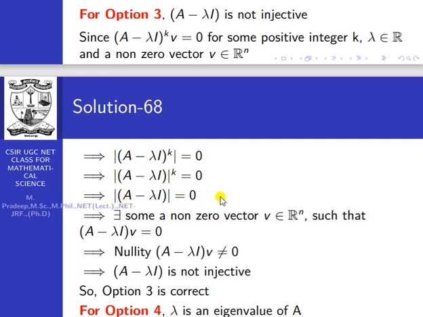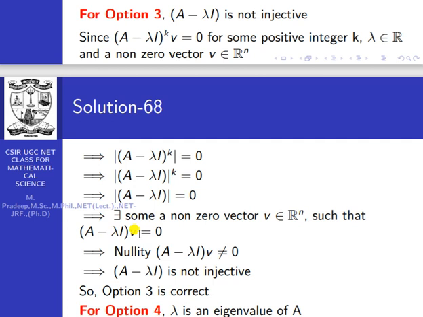From this, what is the conclusion? There exists some non-zero vector v. Once again, the eigenvector definition: this is the eigenvalue. How to define lambda is the eigenvalue? Then determinant of A minus lambda I equal to 0. So for some non-zero vector v belonging to R power n such that (A minus lambda I) into v equal to 0.